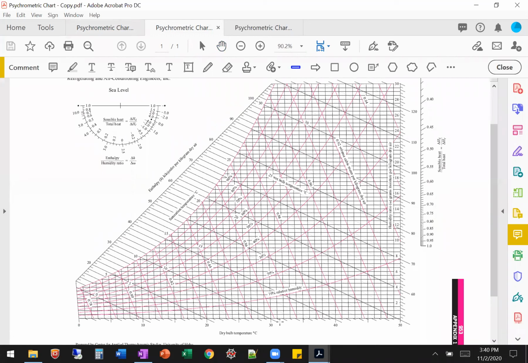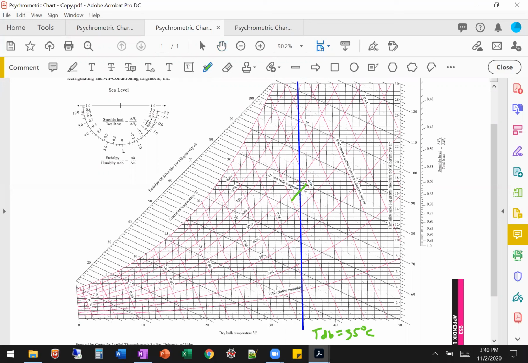Okay, so here's 30, 40 at the bottom. Here's our 35. So that's our dry bulb, 35 degrees Celsius. Then we have a relative humidity of 45%. So it's right in between.